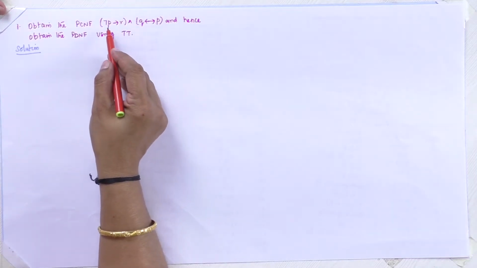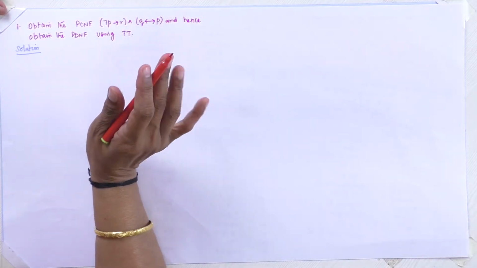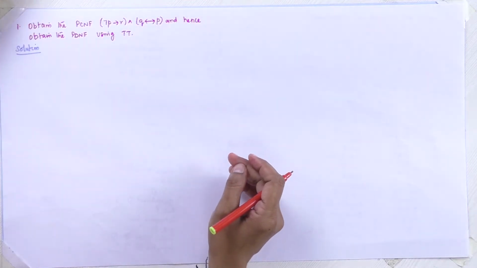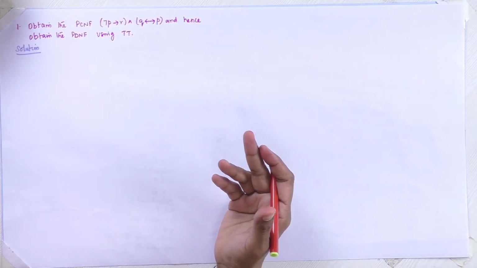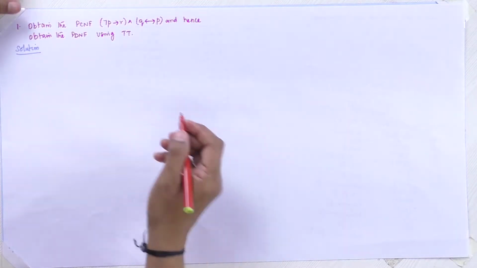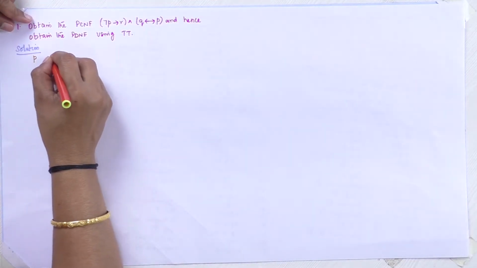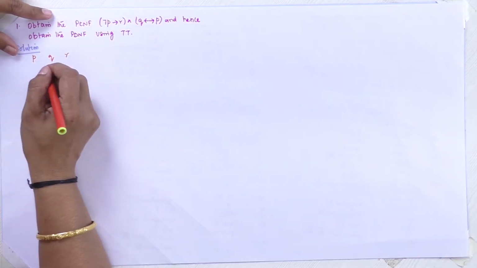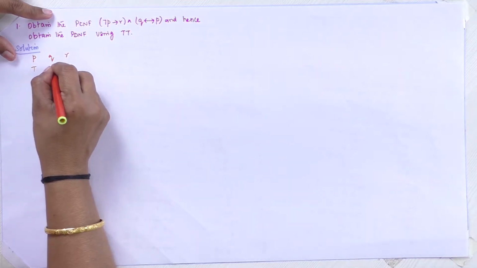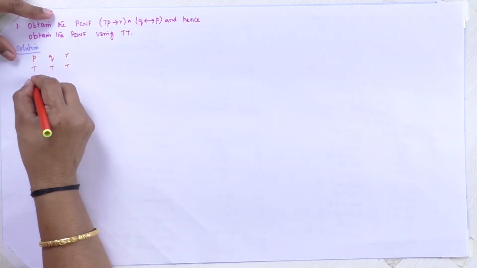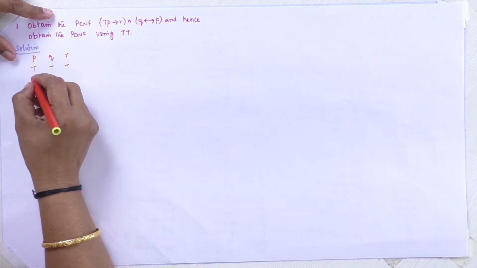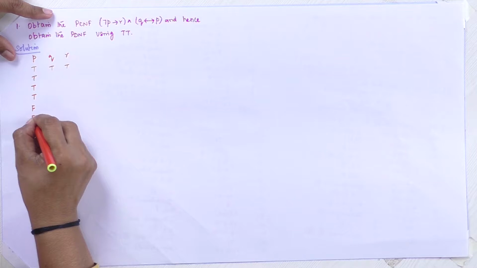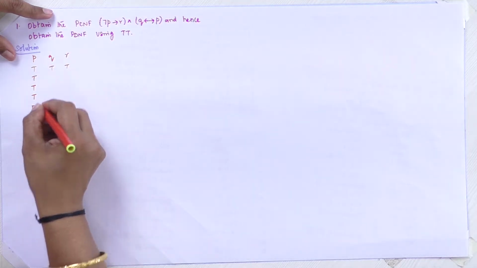First, we have to see how many variables are used in the statement. There are 3 variables. If I have 3 variables, then how many rows will I have in the truth table? It is 2 power 3, so that is 8 rows. So it is P, Q, R. I can have 4 T's and 4 F's, which will be easier for me.